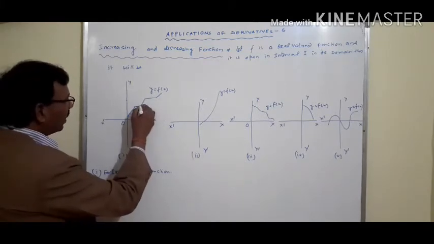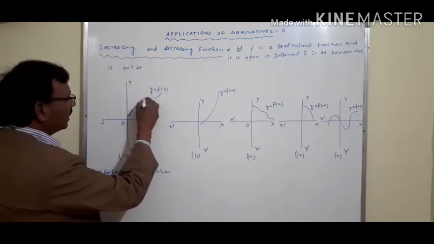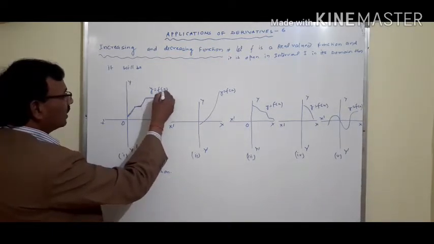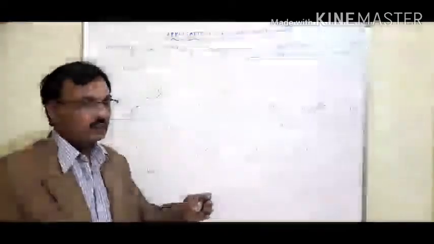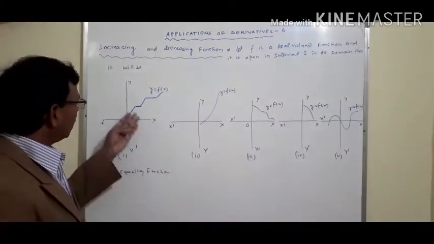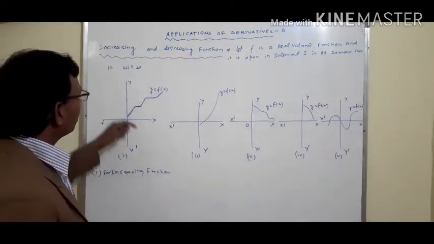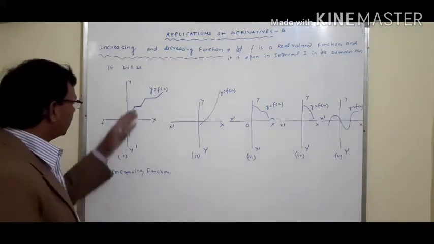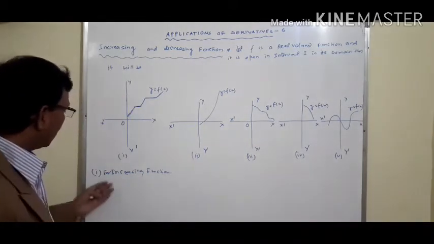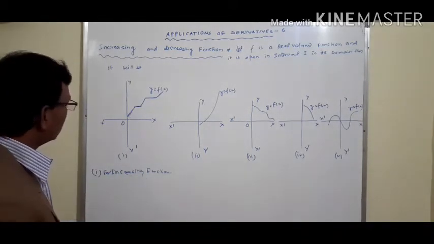And again from this point it increases, and here it is constant, again increase. That means an increasing function will always increase. It may be equal but never decrease. This type of function is known as increasing function.